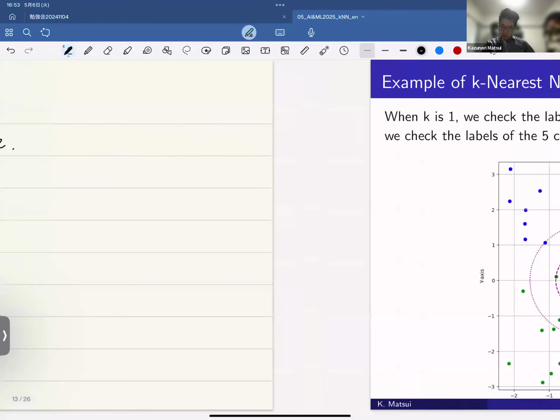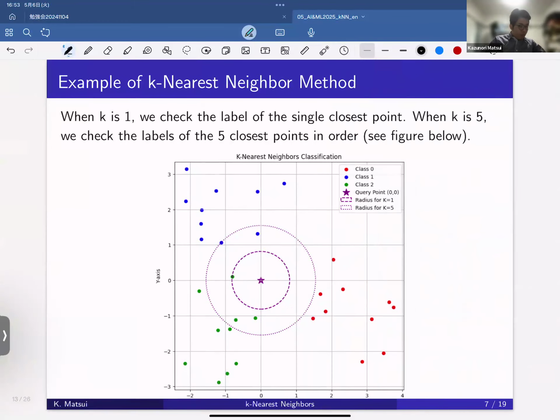Okay, let's restart. Let's try this in practice. Suppose we want to determine the level for the star symbol. Level 0 data is red data on the right.